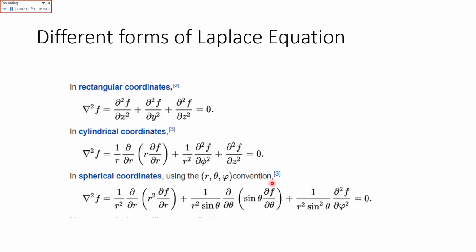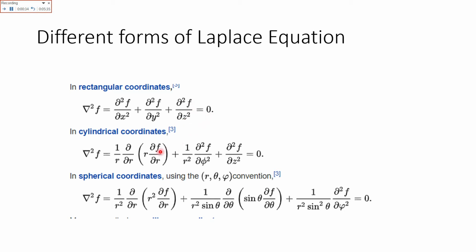Now these are the three forms of the Laplace equation: the rectangular coordinate system, the cylindrical coordinate system and the spherical coordinate system. If there is a given function, then the Laplace equation has the form in the Cartesian or rectangular coordinate system: del square f over del x square plus del square f over del y square plus del square f over del z square equals 0.